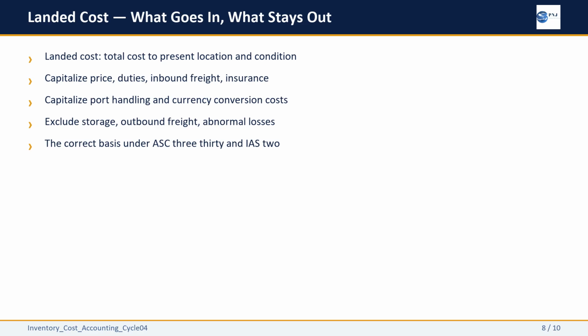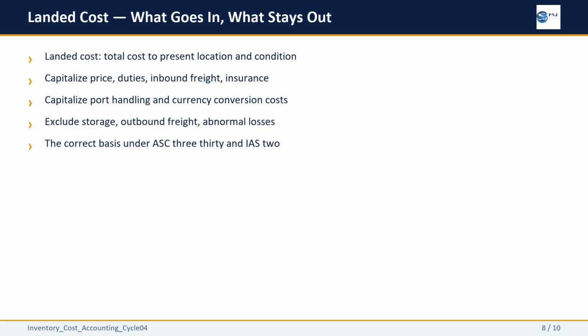Landed cost is the total cost to bring inventory to its present location and condition, and it is the correct inventory cost basis under SC 330 and IAS 2. So what goes in? The purchase price net of trade discounts, import duties, inbound freight, insurance in transit, port and customs handling, and currency conversion costs translated at the transaction date rate.